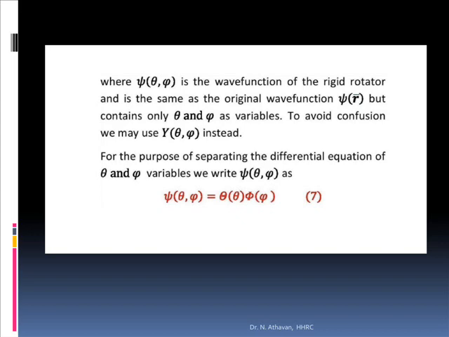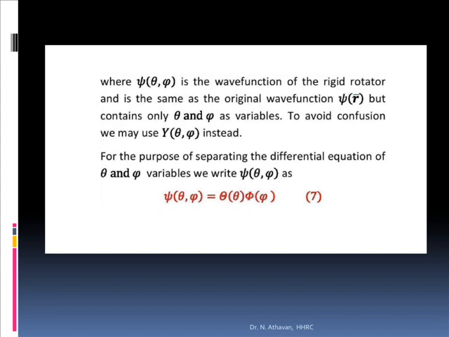So now the wave function is a function of only two variables, theta and phi. For convenience, we can write the wave function as Y of theta comma phi. To find the solution, we have to separate the two variables.